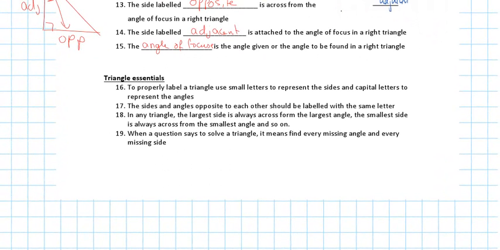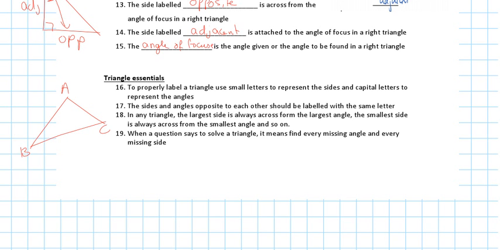When we're labeling a right angle triangle, we label the sides with opposite, adjacent and hypotenuse. But in any other triangle, we're going to have to label them with letters. If I have this triangle with angles A, B, and C, I have to use capital letters for the angles.